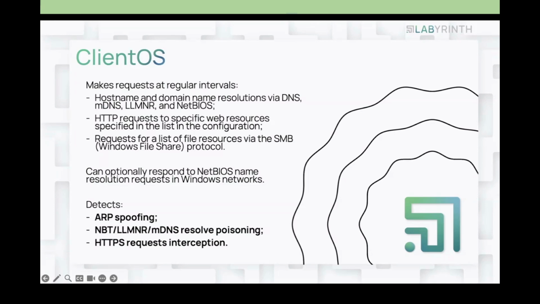To accomplish these goals, this point type makes the following types of requests, by default at regular intervals of 30 seconds, but it can be configured. It makes hostname and domain name resolutions, HTTP requests to specific web resources that you specify in your configuration, and also requests for a list of file resources via SMB.